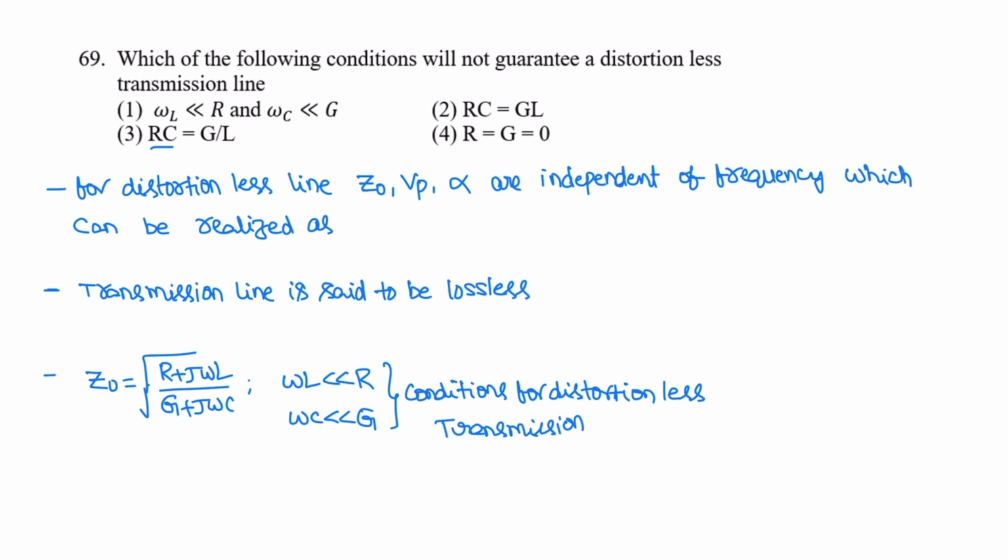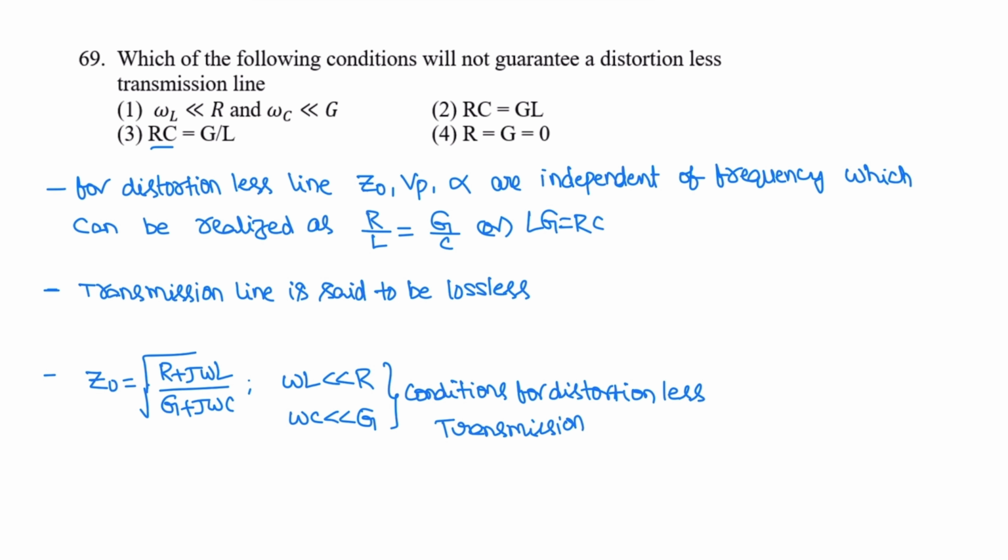Next question. Which of the following conditions will not guarantee a distortionless transmission line? For a distortionless line, the characteristic impedance Z0, phase velocity Vp, and attenuation constant alpha are independent of frequency, which can be realized as R by L equals G by C, or LG equals RC.